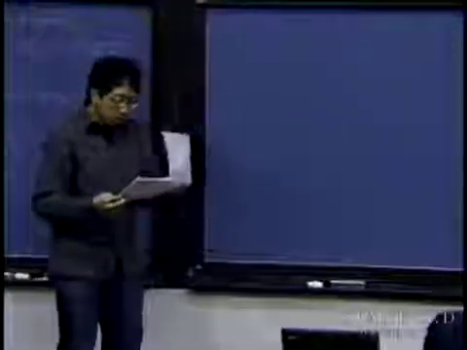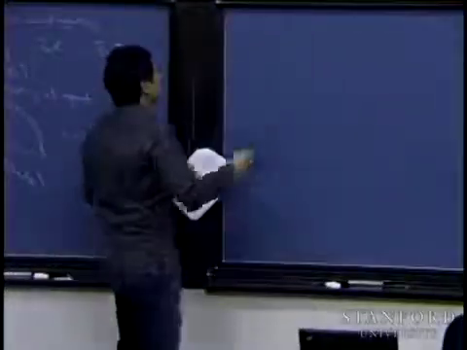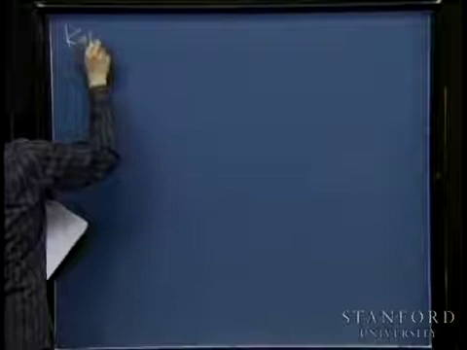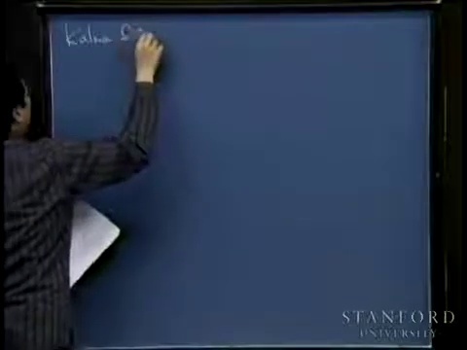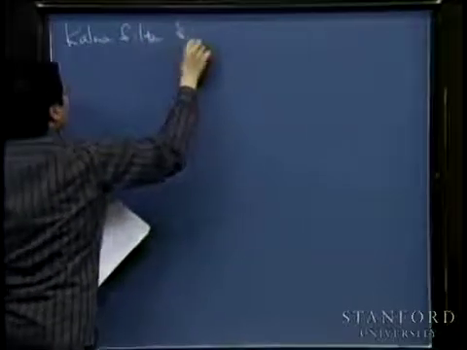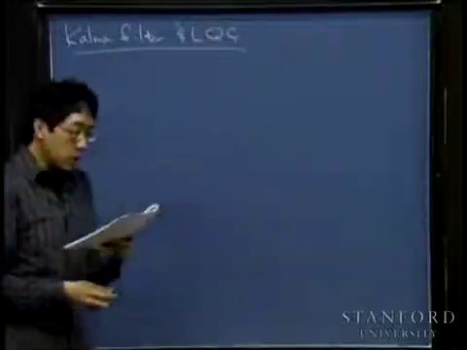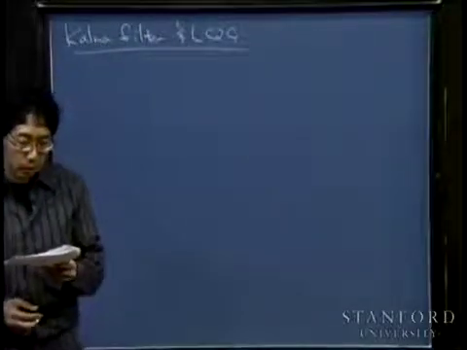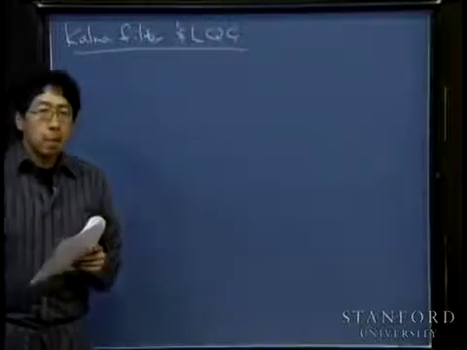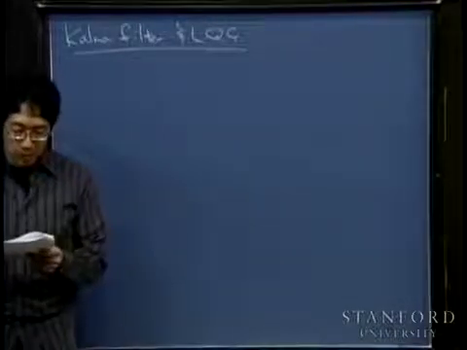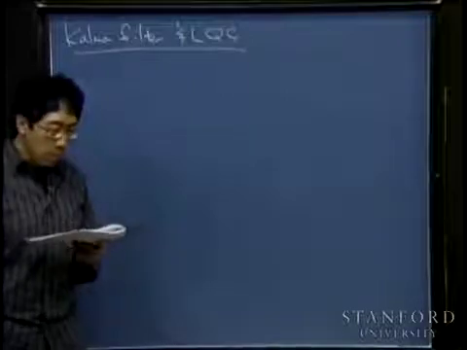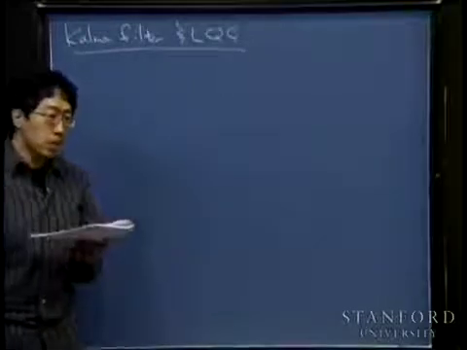So the last thing I wanted to do was talk about Kalman filters and LQG control, which stands for linear quadratic Gaussian control. What I want to do is talk about a different type of MDP problem where we don't get to observe the state explicitly.